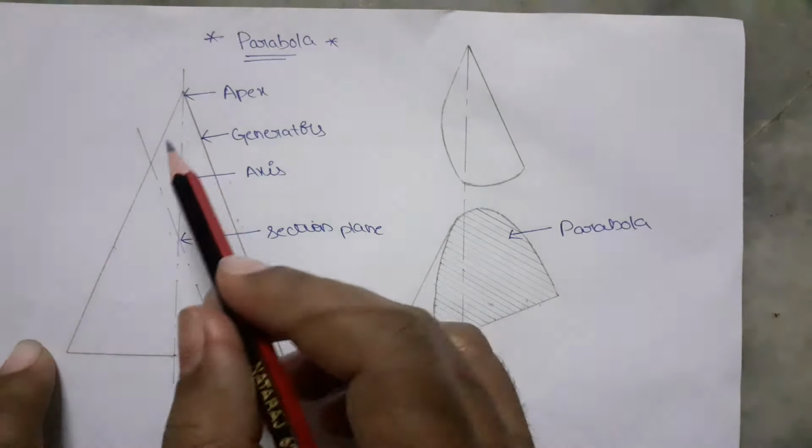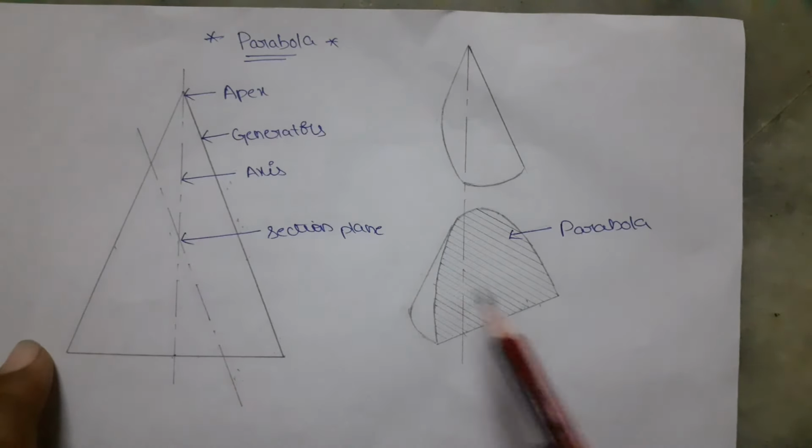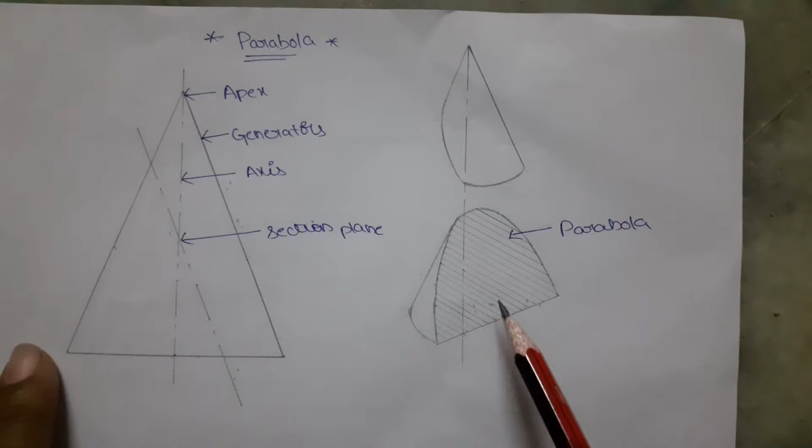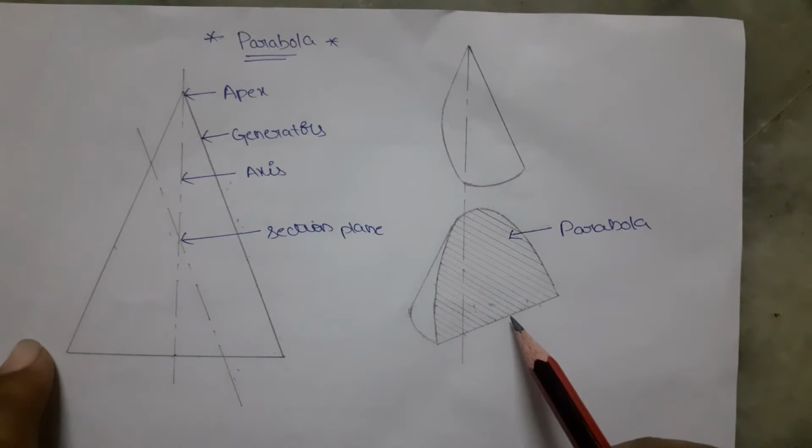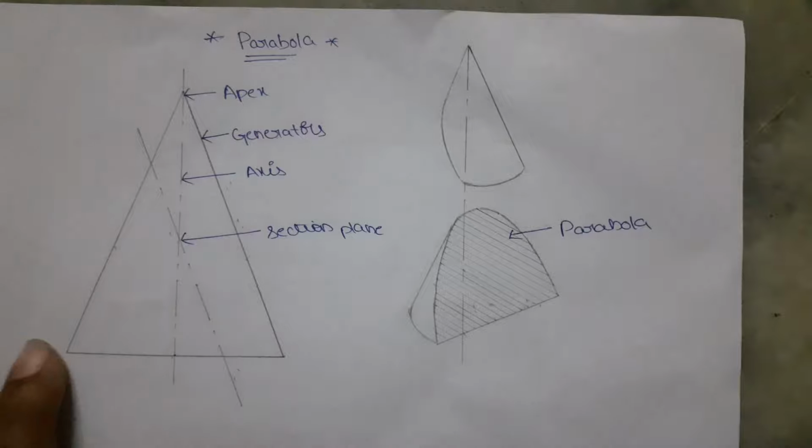So if you cut a cone like this, the obtained shape will be a parabola. You can see this kind of profile when you cut a cone like this.